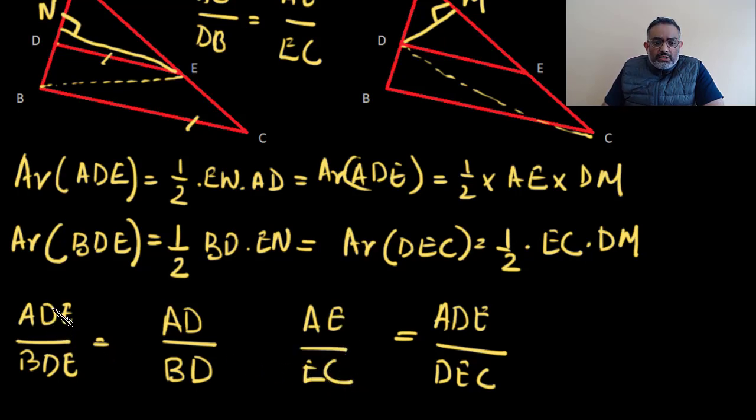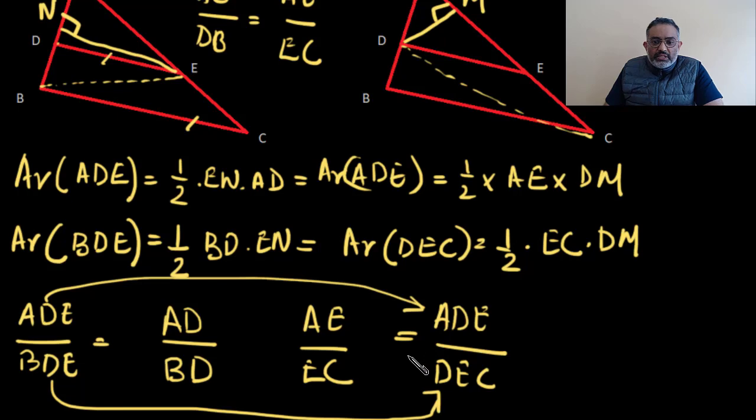Now, since this BDE and this DEC are equal, we just proved that because these two are parallel lines, the distance doesn't change and the base is the same, so these two triangles have the same area. Therefore, this ratio is equal. The areas are equal. Now the key terms are AD by BD and AE by EC.